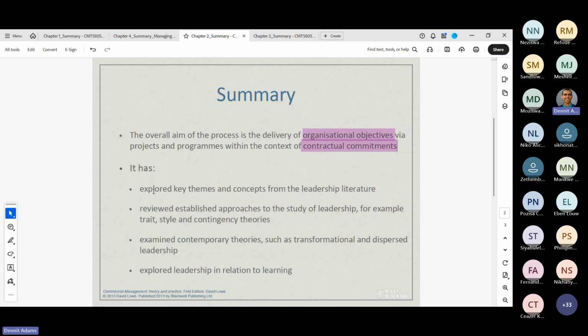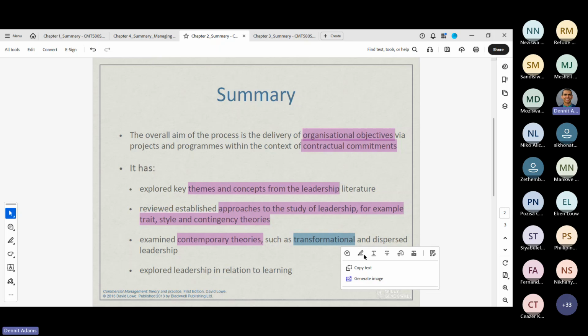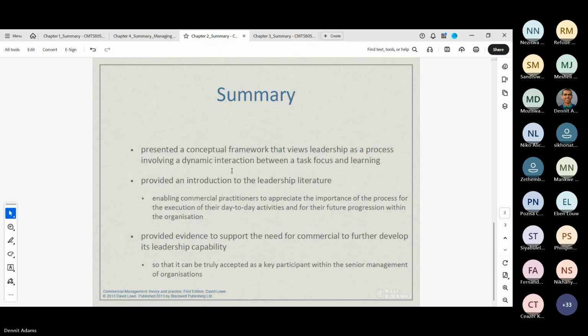We explored the key themes and concepts from leadership literature. We spoke about approaches to the study of leadership, for example the trait, style, and contingency theories. We examined contemporary theories of leadership, such as transformational leadership. Then we explored leadership in relation to learning, and presented a conceptual framework that views leadership as a process.